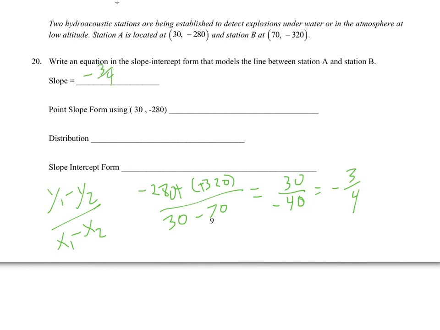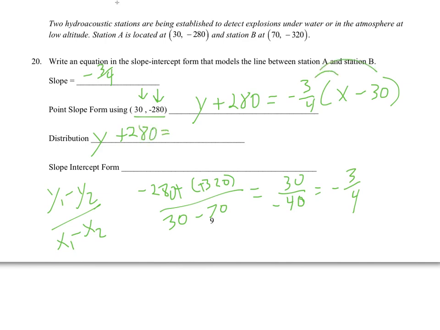I'm writing point slope. I'm going to use this point. So y minus my y coordinate, which is negative, so minus a negative becomes plus 280, equals my slope, negative 3/4, times x minus my x coordinate, which is 30. Okay, distribution, what that means is I'm going to distribute my 3/4 to each of those terms.